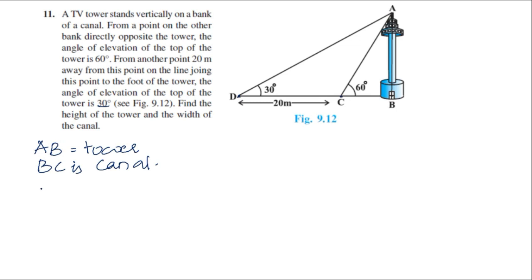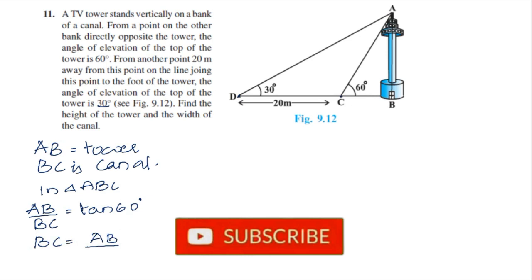So in triangle ABC, we have AB upon BC equal to tan of 60 degrees. The length of BC becomes equal to AB by tan 60 degrees, which is root 3.